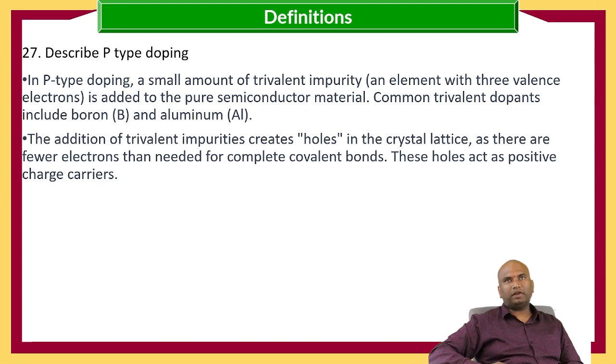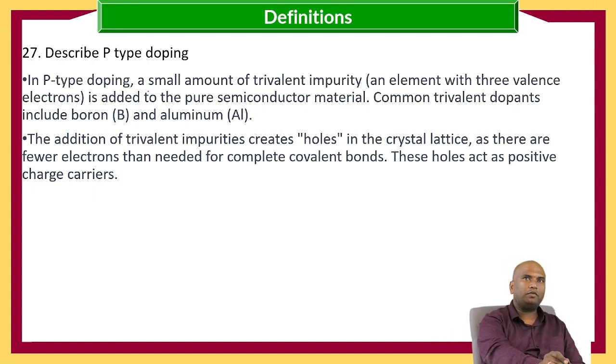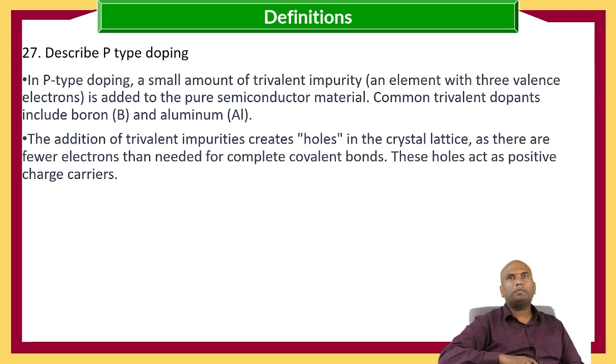Describe p-type doping. In p-type doping, a small amount of trivalent impurity, an element with three valence electrons, is added to the pure semiconductor material.